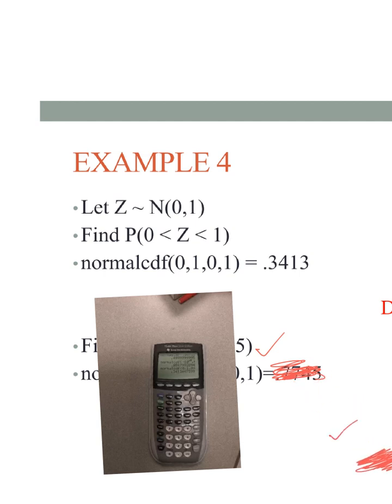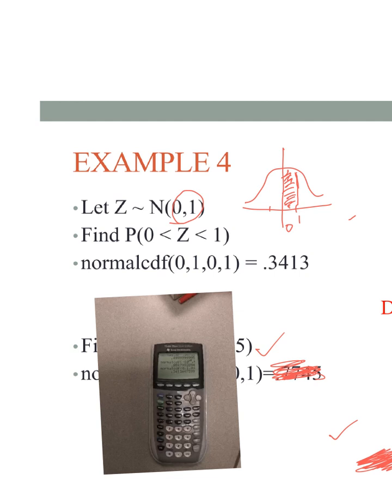If I don't use a calculator, if I still use the method we covered before, our random variable follows standard normal distribution, we could draw the curve. The mean is 0. Standard deviation is equal 1. We are looking for the probability between 0 to 1. So for this question, it's not necessary to use a calculator.